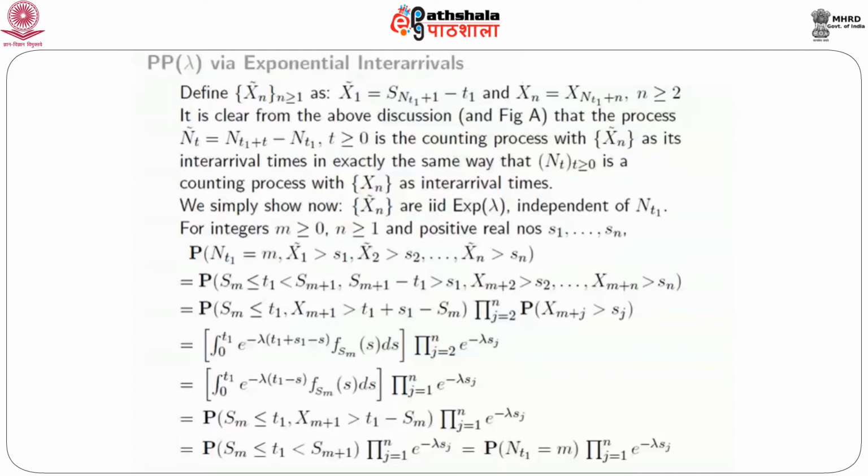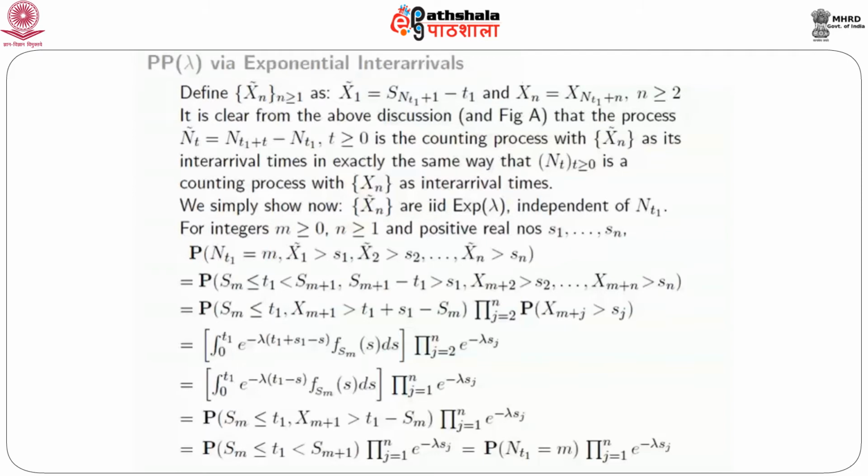Now what we do is, I say that this equals, first of all, S_m less than or equal to t1, strictly less than S_{m+1}, and then S_{m+1} minus t1 greater than s1 is the same thing as saying that X_{m+1} is greater than t1 plus s1 minus S_m, and that implies that S_{m+1} is greater than t1. So the first two events are equivalent to S_m less than or equal to t1 and X_{m+1} greater than t1 plus s1 minus S_m.